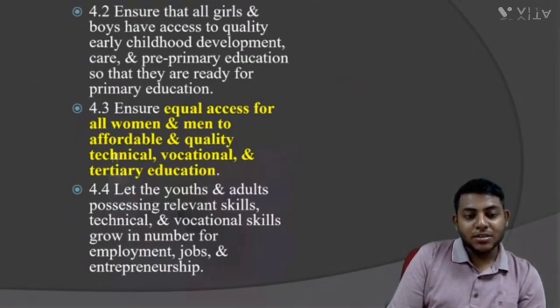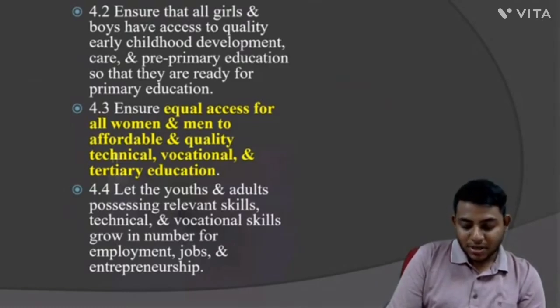And Sustainable Development Goal 4.3 talks about ensuring equal access for all women and men to affordable and quality technical, vocational, and tertiary education. And Sustainable Development Goal 4.4 talks about letting the youths and adults possessing relevant skills, technical and vocational skills, grow in number for employment, jobs, and entrepreneurship.